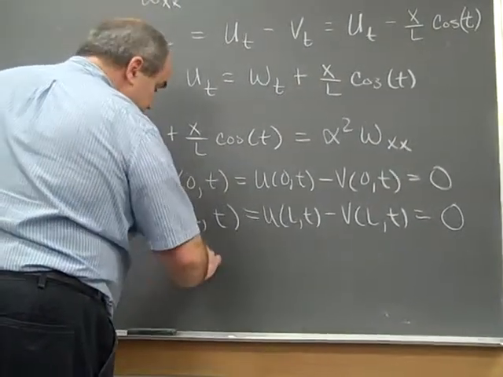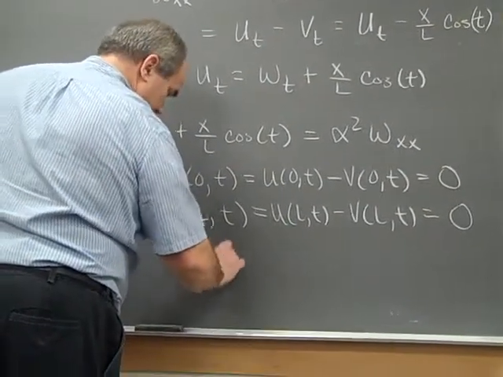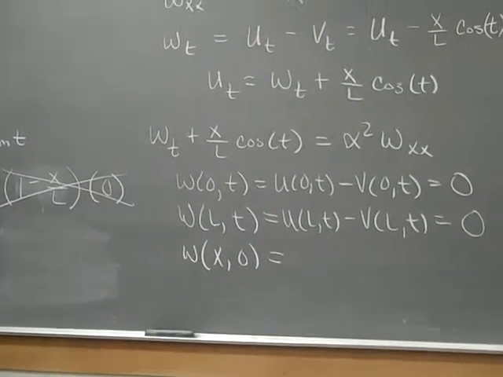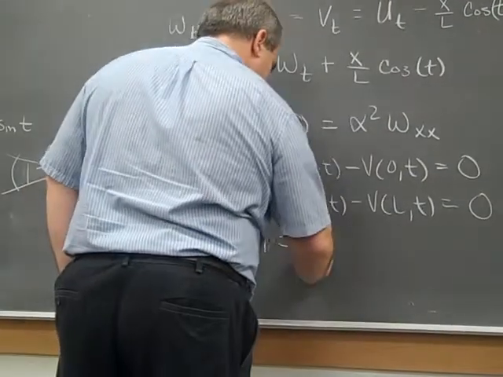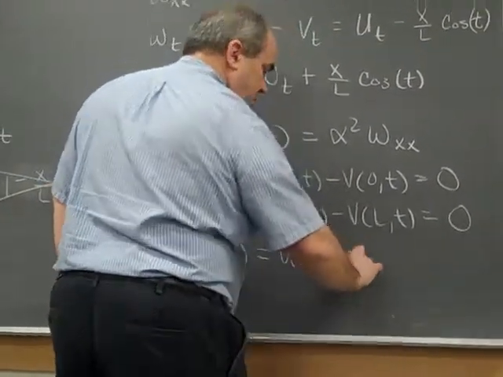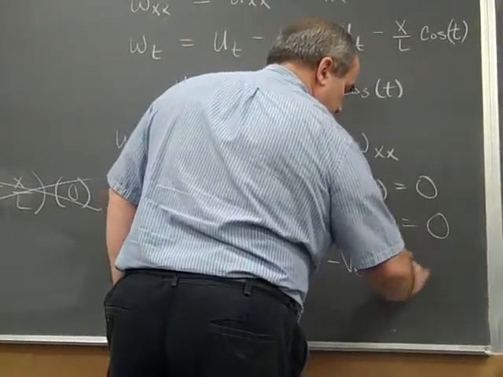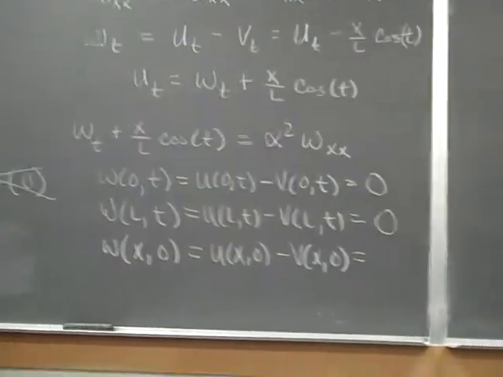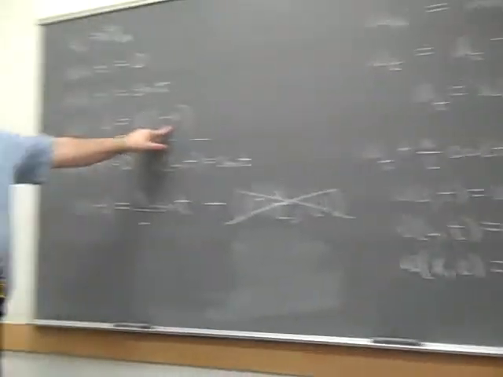And then we want our initial condition. Well, that would be U at x and 0 minus V at x and 0. U at x and 0 is x times 1 minus x.